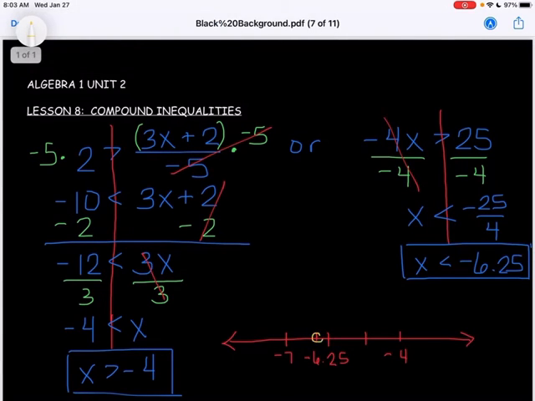So I've got an open circle at negative 6.25 and negative 4. So x is greater than negative 4. That means I'd shade to the right of it if it's greater than. And x is less than negative 6.25, so I would shade to the left of negative 6.25.